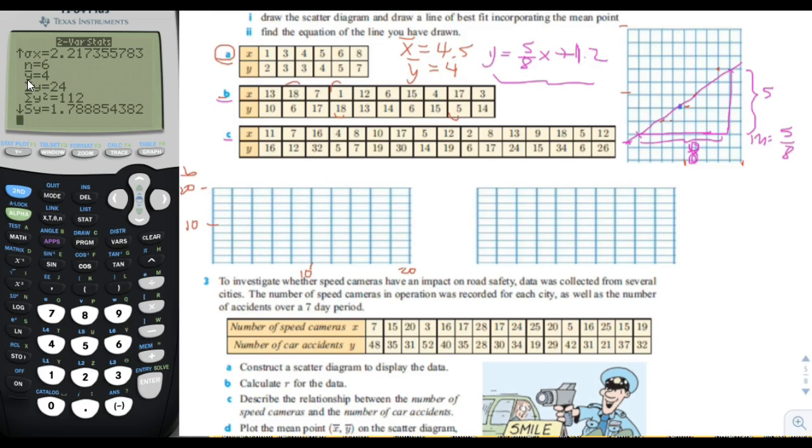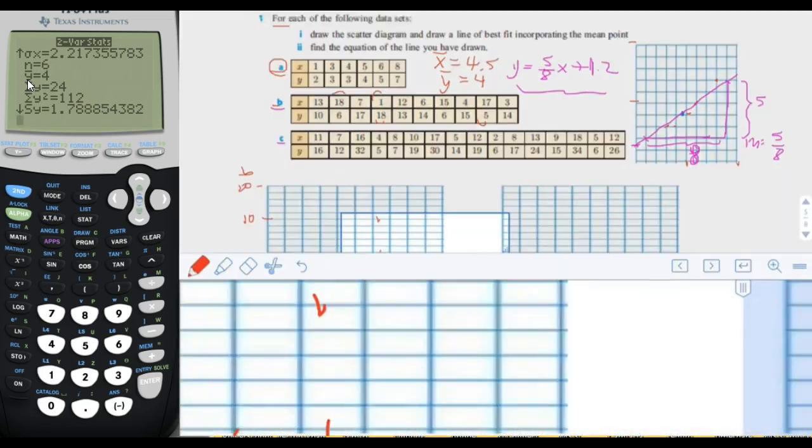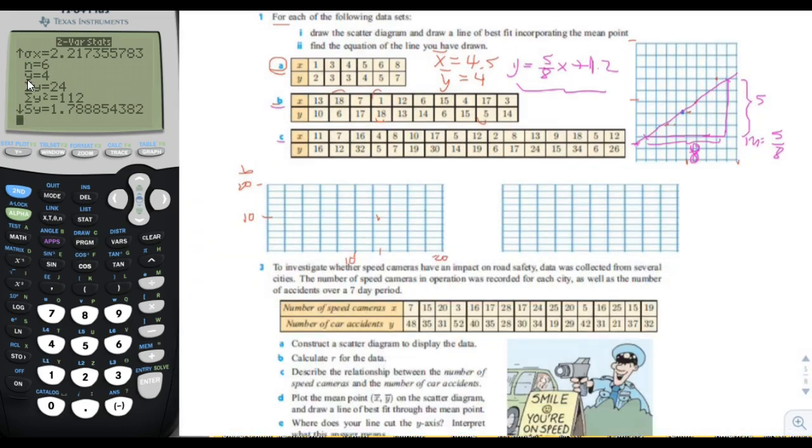So the first point, for example, is 13, 10. 13, 10 would be here. Next point is 18, 6. 18, 6 would be here. Okay? And then 7, 17 would be here. It would be about there. I'm sorry, here.